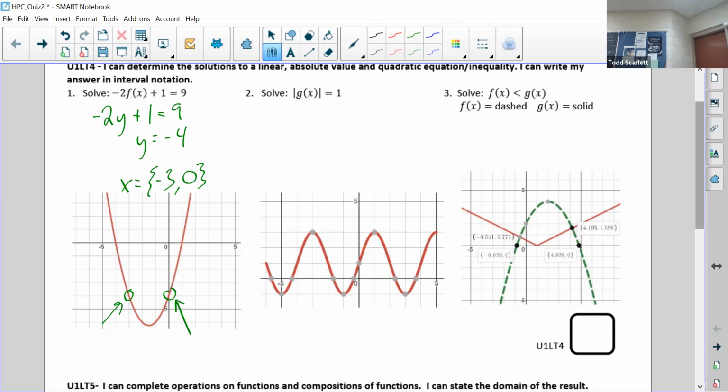On number 2, the absolute value of y is 1. So the distance that y is from 0 is 1. That means y could be +1 or y could be -1, because 1 and -1 are both 1 away from 0.